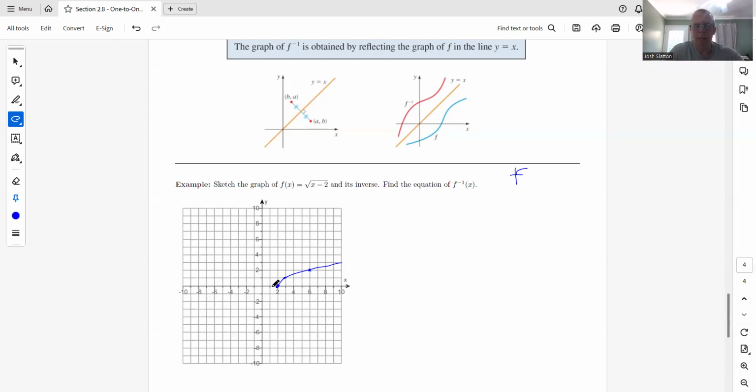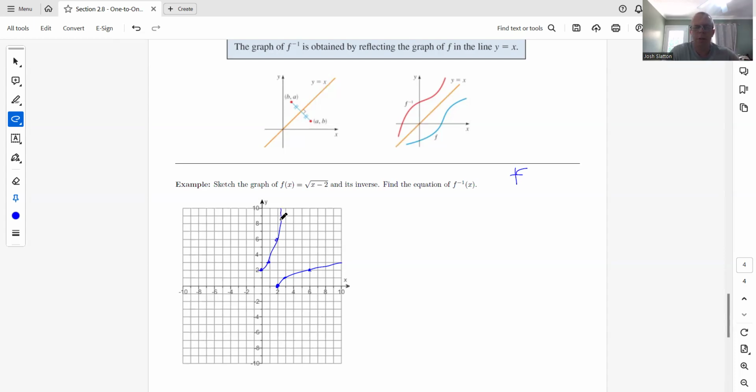So just keep that in mind. If we have (2, 0) on this graph, that means we have (0, 2) on the inverse. If we have (3, 1) on this graph, that means we have (1, 3) on this one. And if we have (6, 2) on this one, that means we have (2, 6) on this one. And you can see it looks like that.